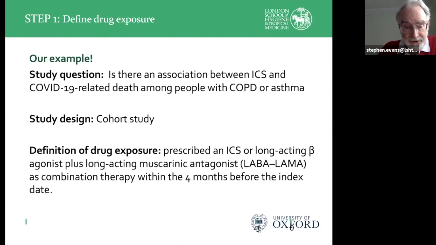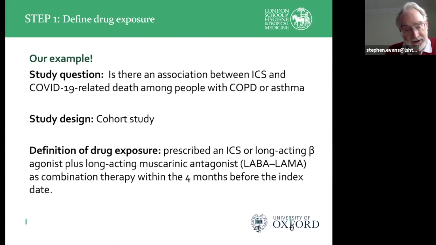And we have what is called a cohort study, where we define the drug exposure to start with. And we're a little more precise here by saying it's prescribed an inhaled corticosteroid or a long-acting beta agonist, plus long-acting other drugs known as LABA and LAMA. And this might be a combination therapy.